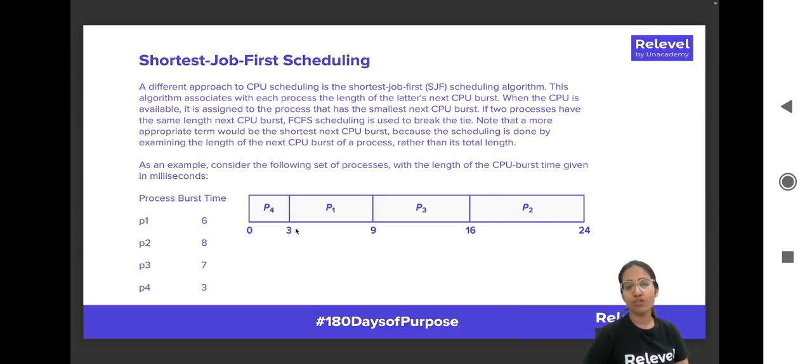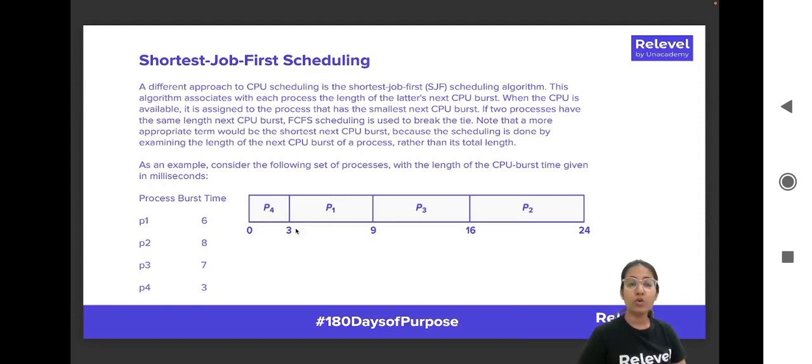A different approach to CPU scheduling is shortest job first scheduling. This algorithm associates with each process the length of the process's next CPU burst. When the CPU is available, it is assigned to the process that has the smallest next CPU burst.